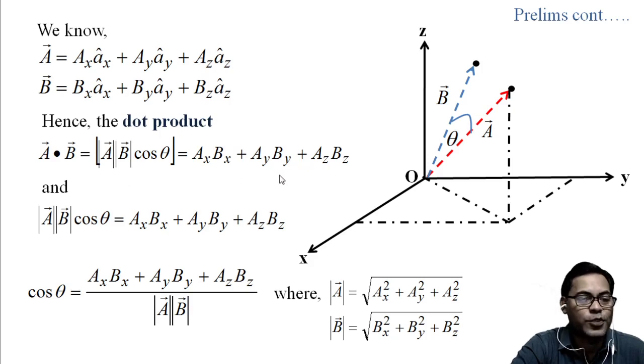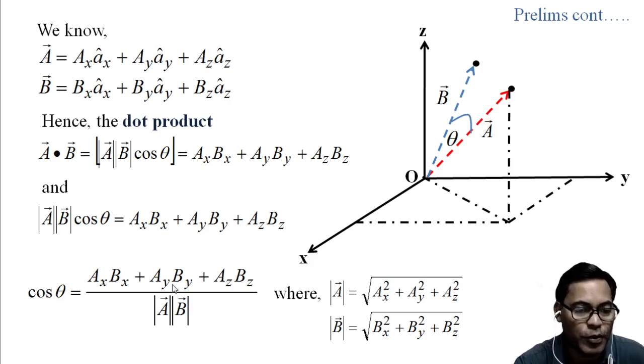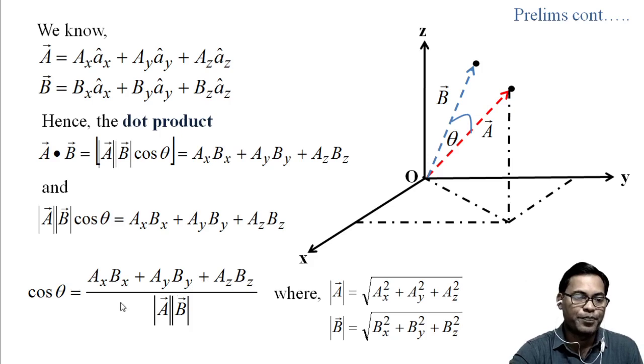From that expression we can also find the angle between these two vectors, that is cos theta equals Ax Bx plus Ay By plus Az Bz divided by mod of A times mod of B, and the mod of A can be found easily, that is root over Ax square plus Ay square plus Az square, and similarly B we can find out.